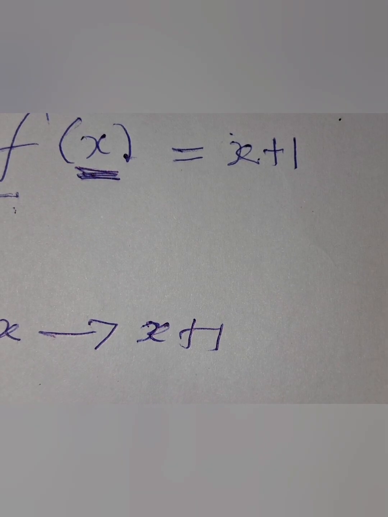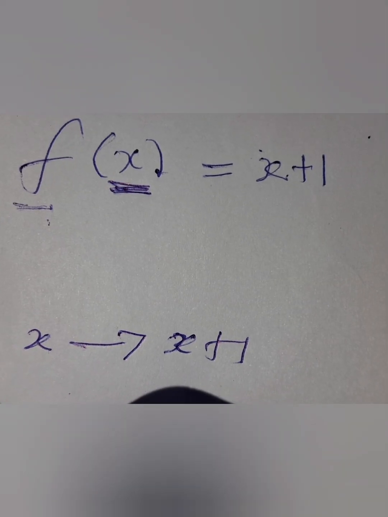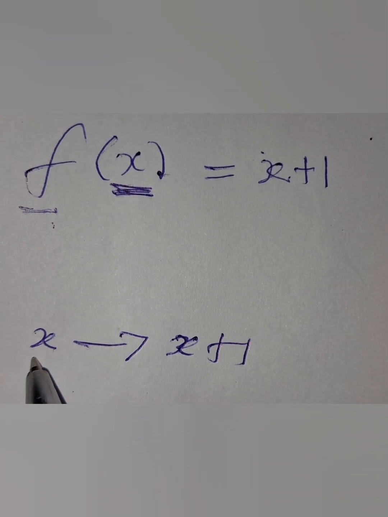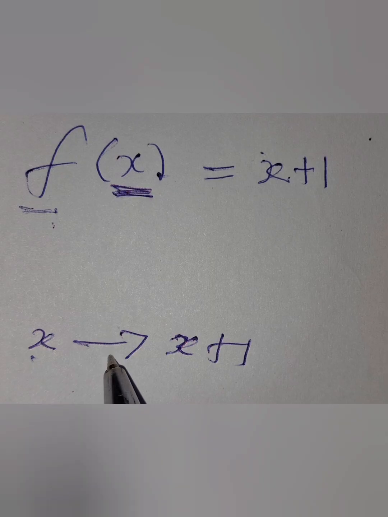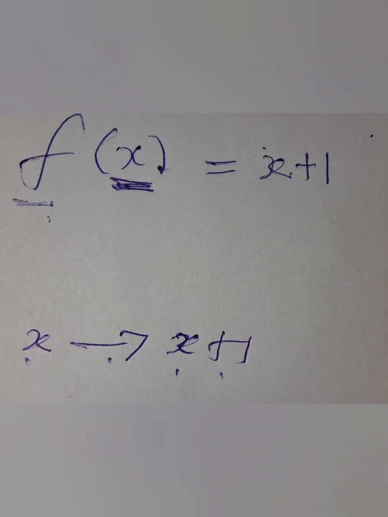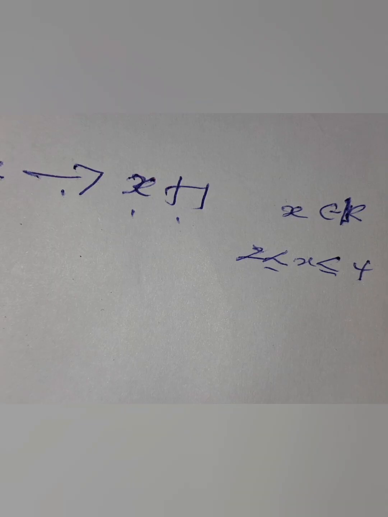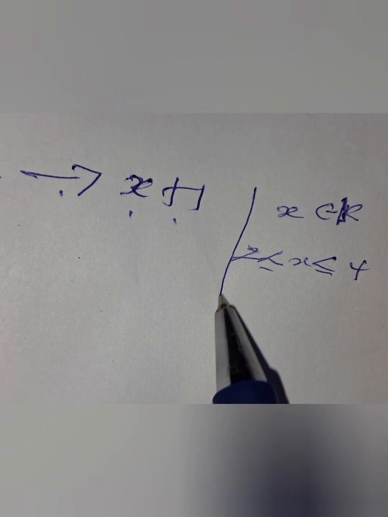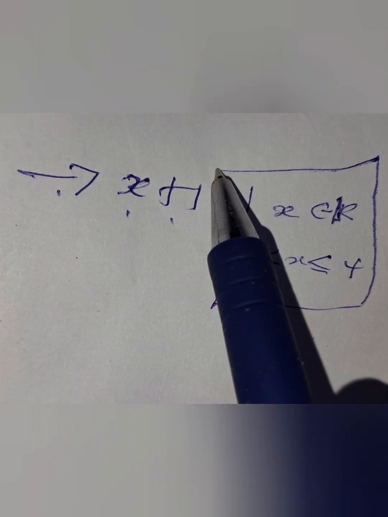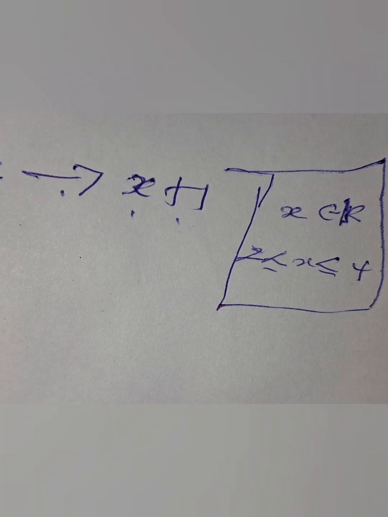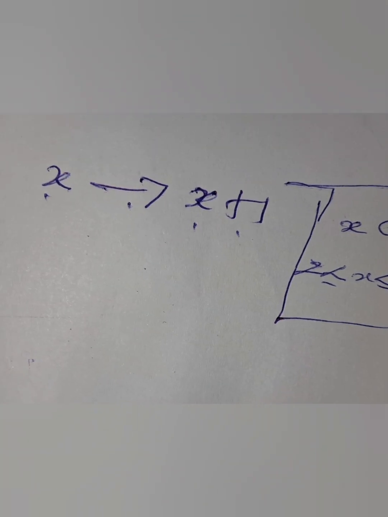This is also another notation that we can use. f is such that x is mapped onto x plus 1. So that's another notation that you may consider to use as well. Now, this set of values that are here are a set of values that are valid for the x that we put into the function f.